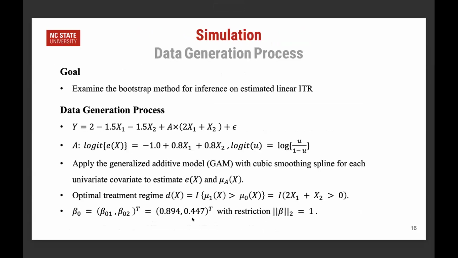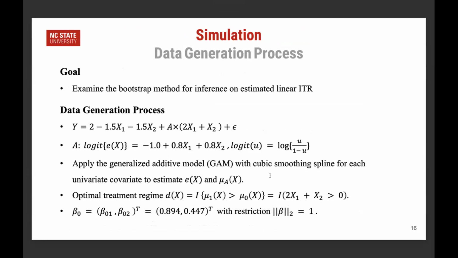From here, we derive one finite sample simulation to evaluate the bootstrap method for inference on the estimated linear ITR. So this is how we generate our data, and to achieve the required uniform convergence rate, we apply the GAM model with the cubic smoothing spline for each univariate covariate to estimate the propensity score and outcome mean function.